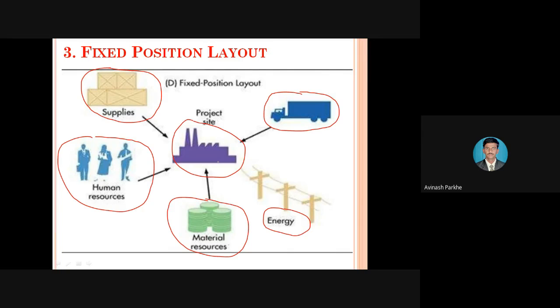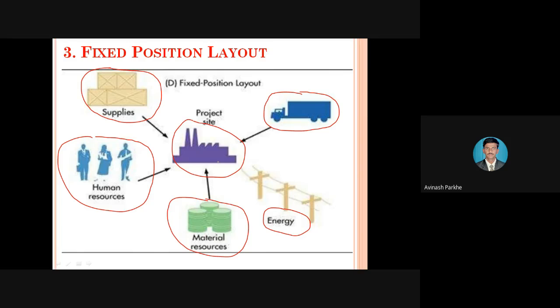Then if we have to build a ship, very big ships, or if you have to build aeroplanes, some aircraft, for such heavy duty components the assembly line is not provided. That ship, that sugar industry or the aeroplane is built at one location only.